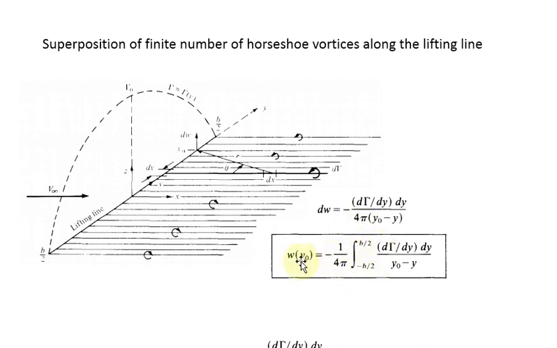So that is why the equation comes like this. This is for a single trailing vortex, this is for the total trailing vortices. So we have to make this point very clear.